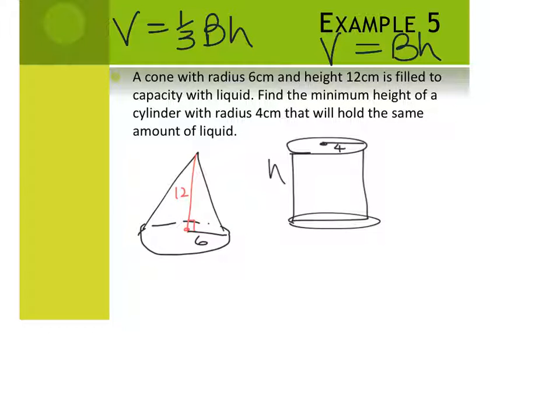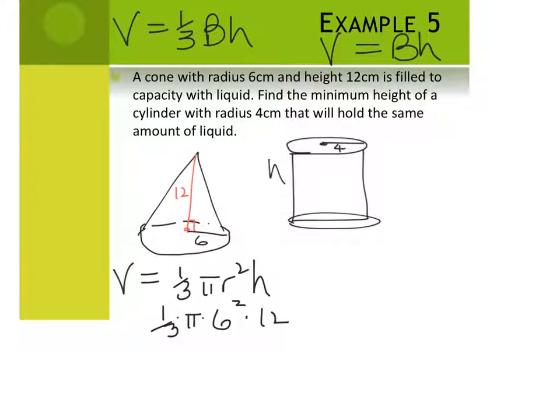So here I'm going to first do the cone. I have all of my information. I don't need to do any kind of special right triangles. So 1/3 pi r squared times the height. Again, the pi r squared is the capital B. It's the area of the bottom. So 1/3 pi times 6 squared times 12.